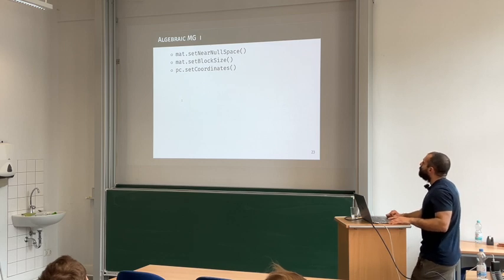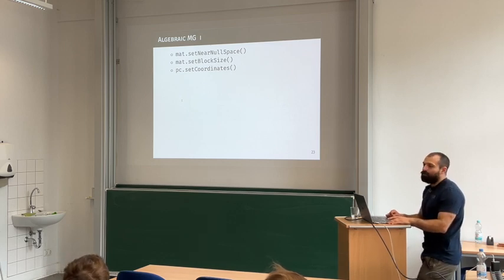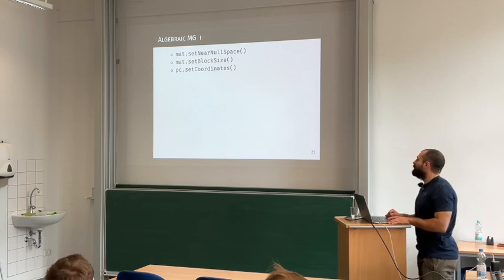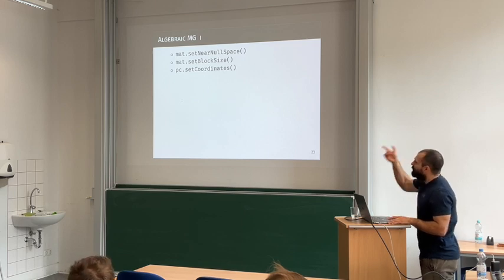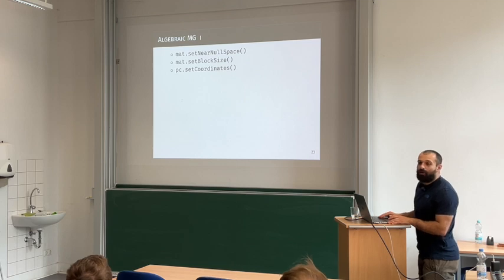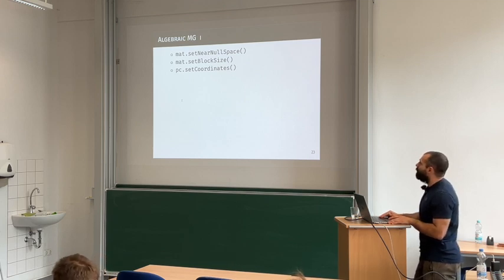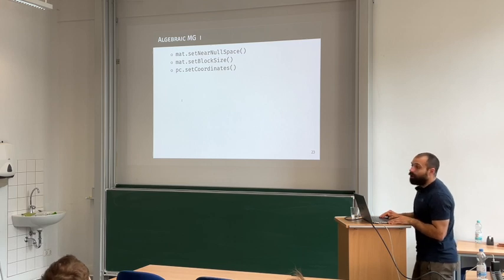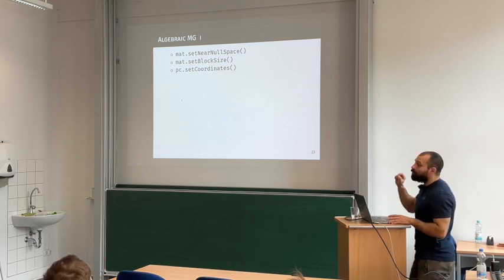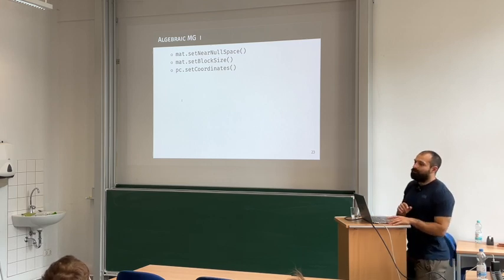The most important parameters, I think, for algebraic multigrid, especially if you are working with vector-valued finite elements, is to set, for example, the null space. If you think about linear elasticity, I will give the null space afterwards. Also important is the block size, and if you don't know the near null space, you can specify the coordinates of your nodes, and PETSc can automatically build it for you.